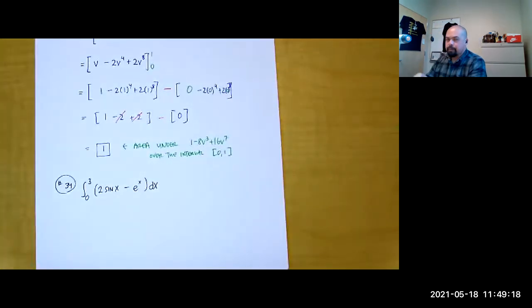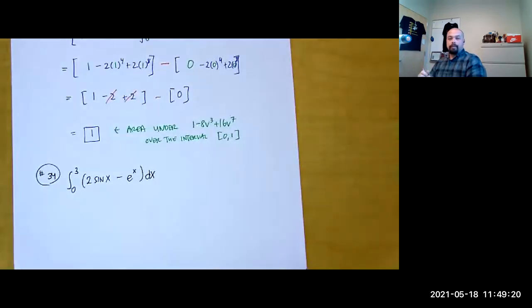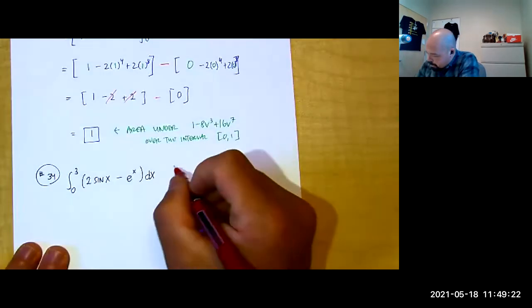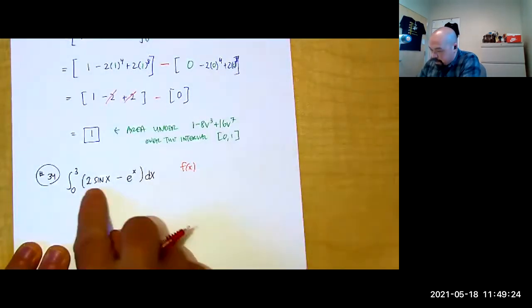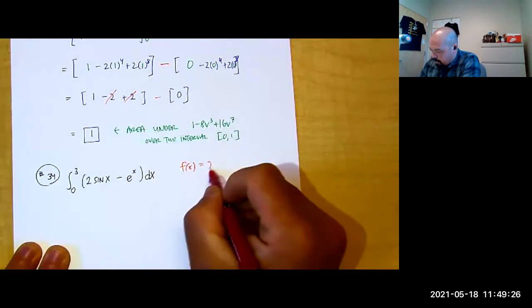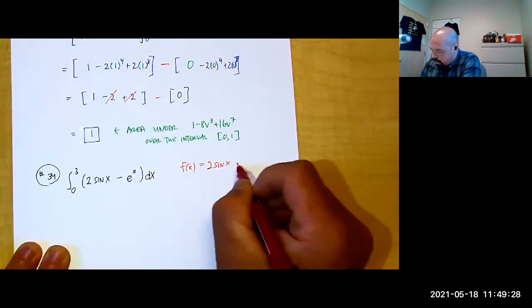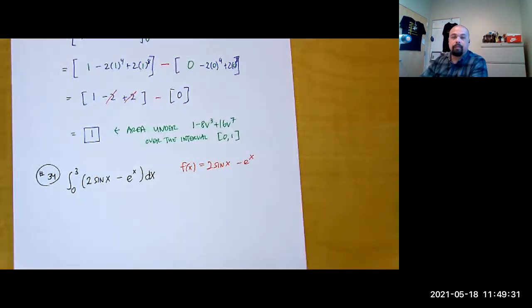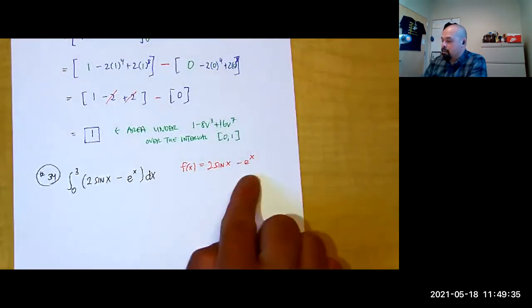Right? So in this case, our function that we're integrating, that we're going to be finding that antiderivative for, is 2 sine x minus e to the x.